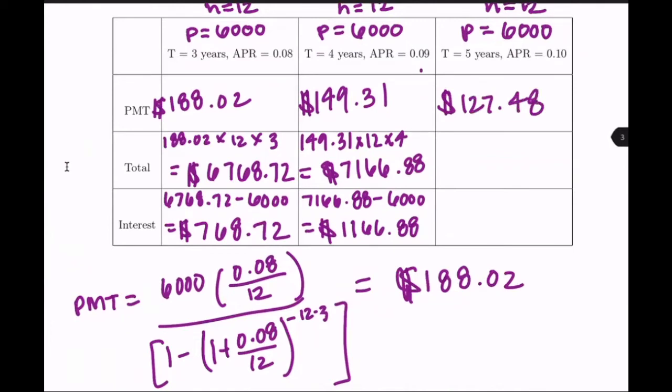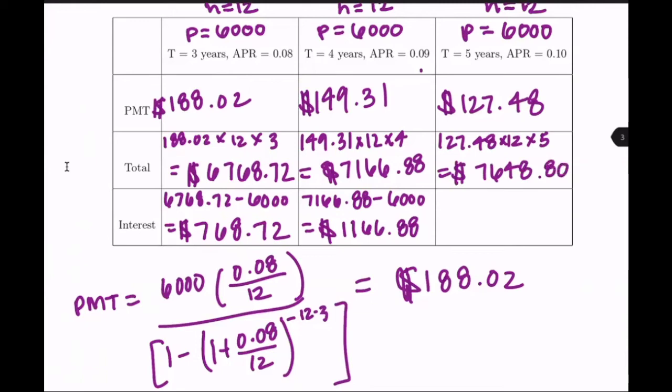All right. And then again, to find the total owed, we are going to do 127.48 multiplied by 12 multiplied by 5, because this was the 5-year loan option. And that is going to get us $7,648.80.